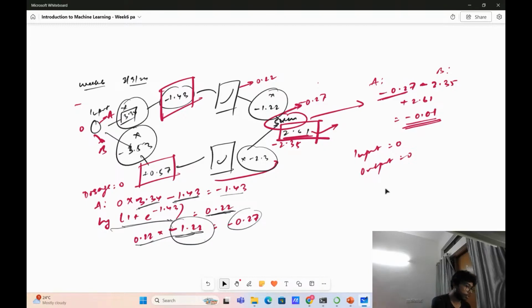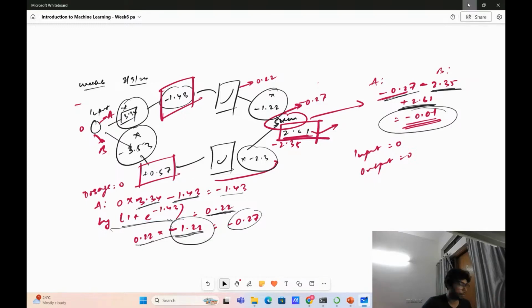We then sum it with the output from layer B, and add the bias to get the final output. This is the step that you do. Similarly, you can check for input equal to 0.5. For input 0.5, you should expect an output of 1, whereas for input equal to 1, you should expect an output of 0. So this is how a neural network works.